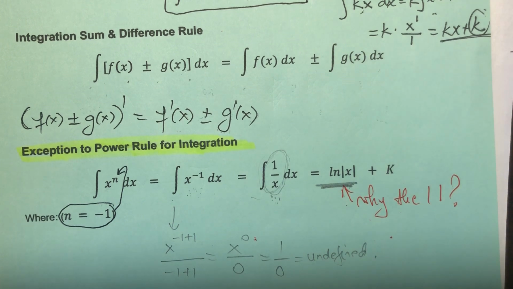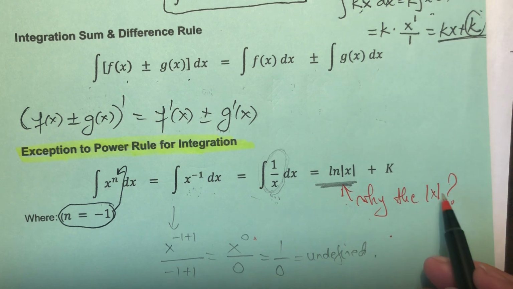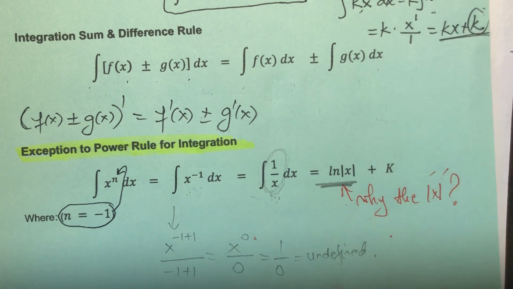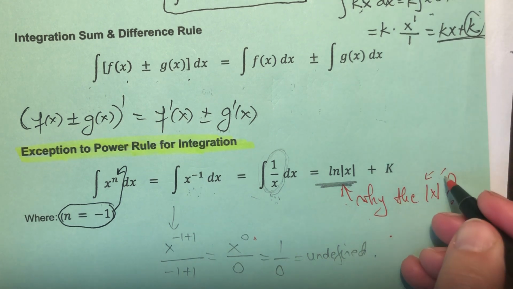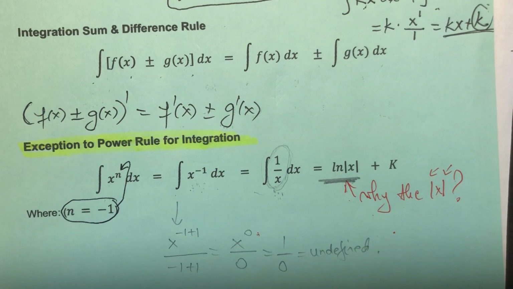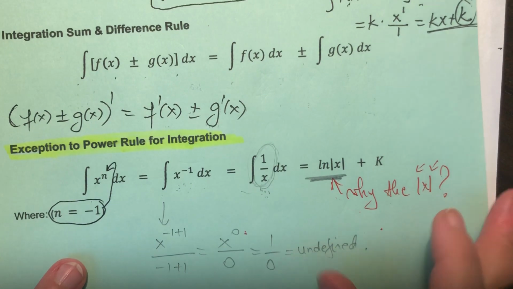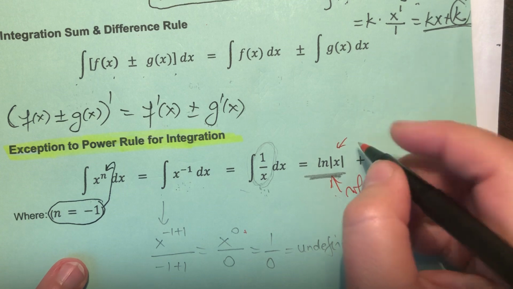is, why do we put the absolute value, right? Why the absolute values? Okay. The absolute values are simply because, if you remember something else that I bothered you with a few sections ago in 3.2, when we talked about logarithmic functions, what's the domain of a logarithmic function? The domain of a logarithmic function is only positive values, yes?